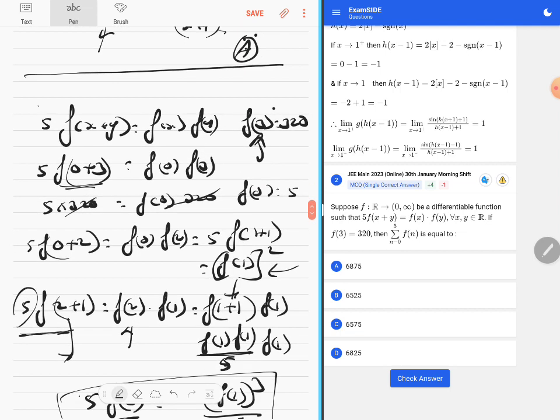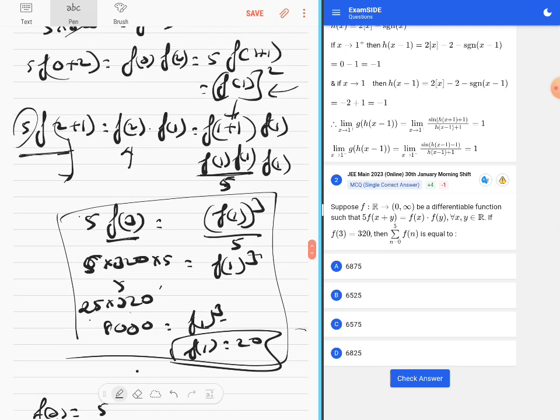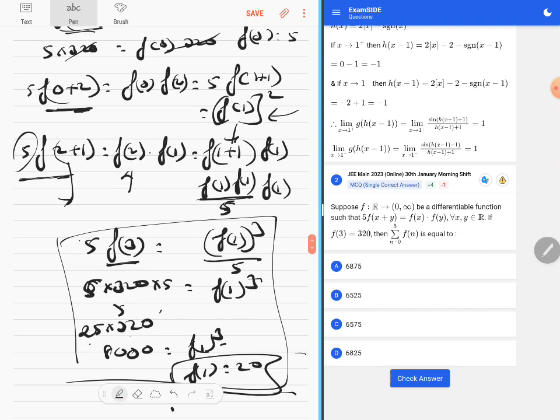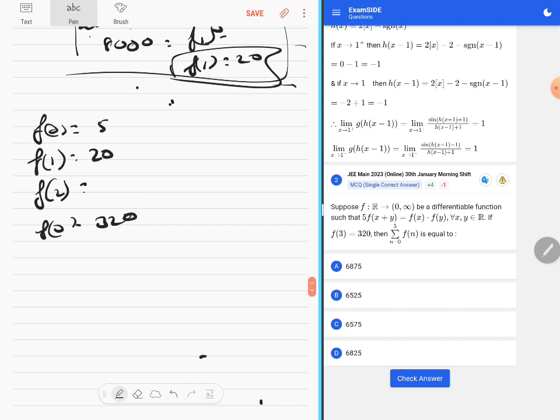Are you sure? What is f of 2? No, we didn't find f of 2. F of 2 is therefore f of 1 the whole square by 5, which is 80.